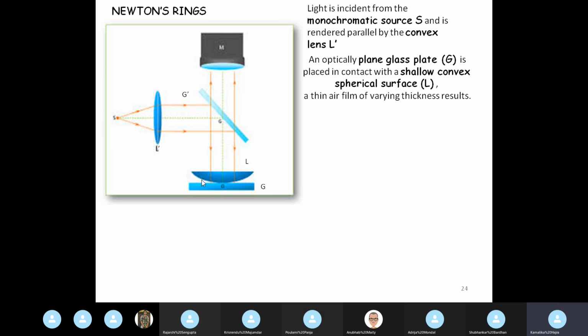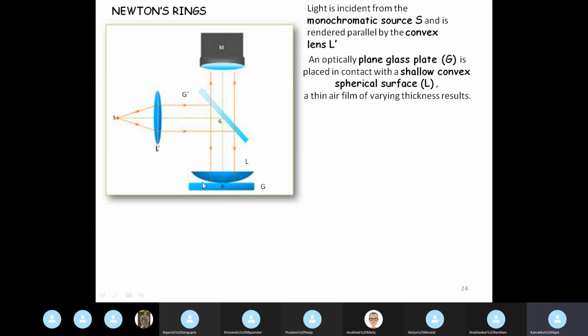This is a plano-convex lens, and this is the orientation of the plano-convex lens and the glass plate. So L and G are placed in contact. If you see this portion here and this portion here, the region between the boundary of the convex lens and the top surface of the glass plate, that region is where air is trapped. There is air all around, so there will be air in this region too.